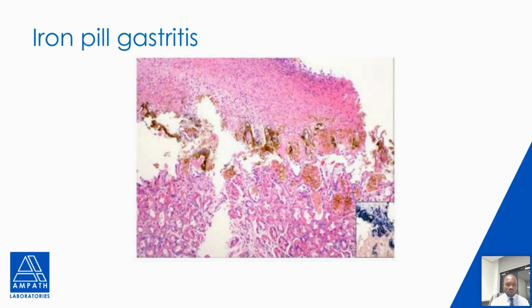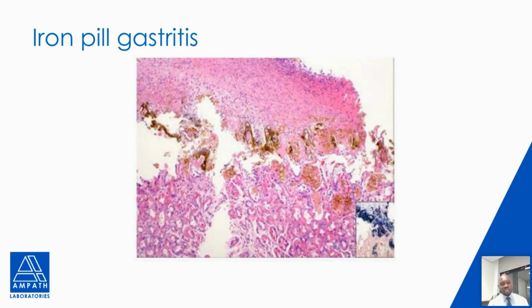It may also involve the gastric crypts. When you do the special stain, the Prussian blue, it will confirm the deposition of iron. These patients need to be off iron. If they really need the iron, I think liquid iron is recommended.